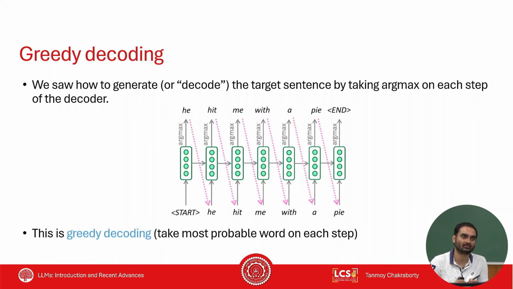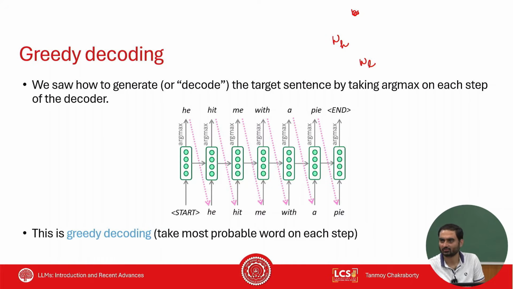Now during the inference stage, since there are two RNNs, encoder and decoder, how many weight matrices are there? In the encoder, there is WH and WE. What about U?